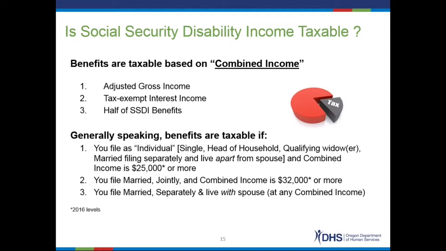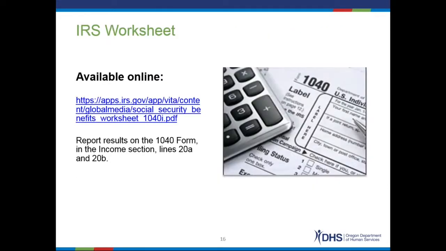So like many other things on the healthcare application, the benefits are going to be taxable under those circumstances: you file as an individual and combined income is $25,000 or more, you file married jointly and combined income is $32,000 or more, or you file married separately and live with the spouse at any combined income. Again, there's the IRS worksheet that will calculate taxable and non-taxable SSDI for your client if they're interested in figuring that out.